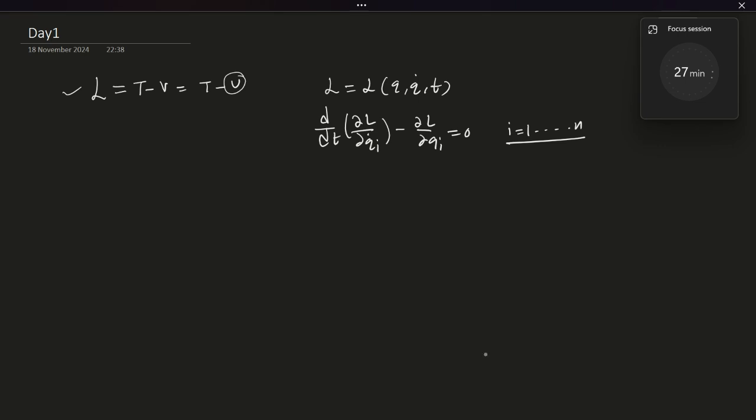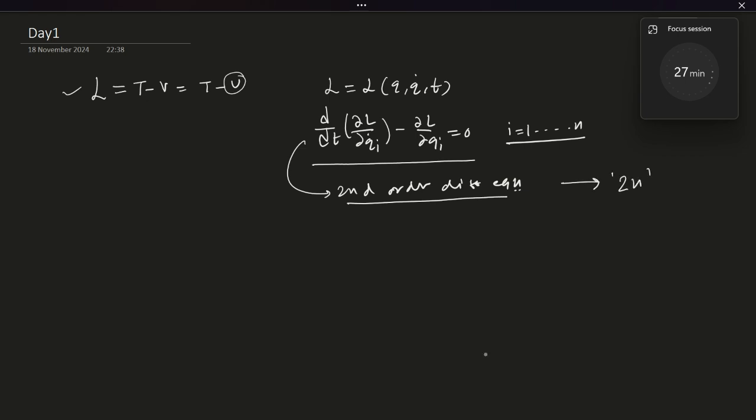So if you have a system with n generalized coordinates, then you have n equations. These are second order differential equations, so we need 2n boundary values to solve this problem.